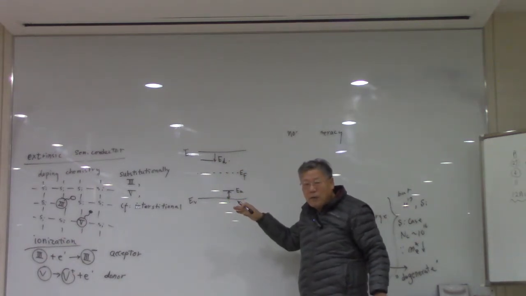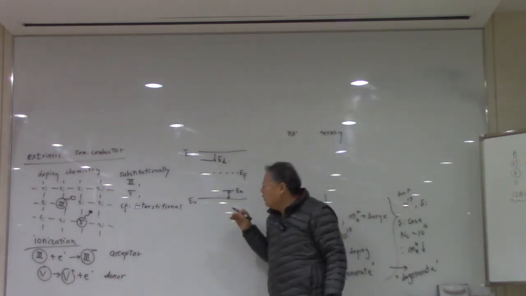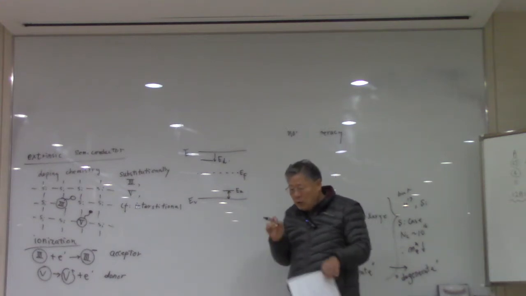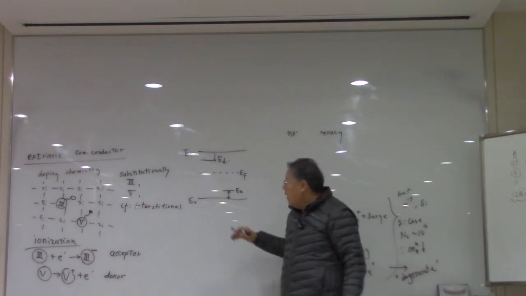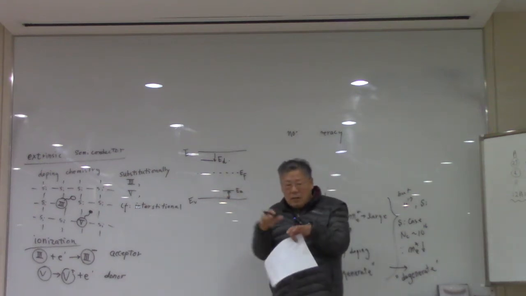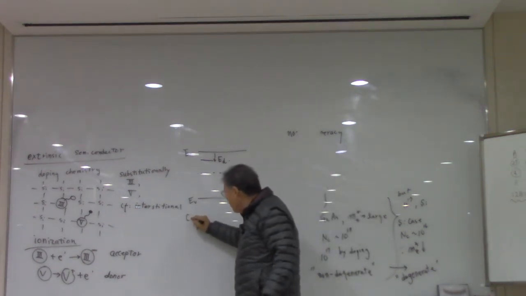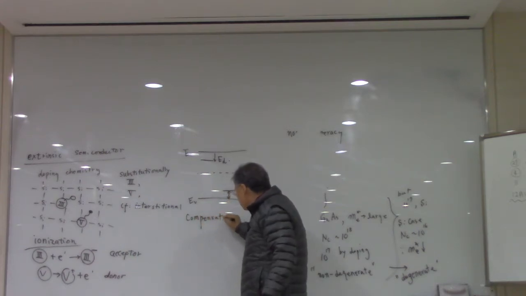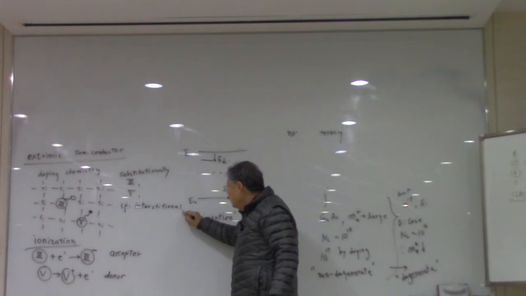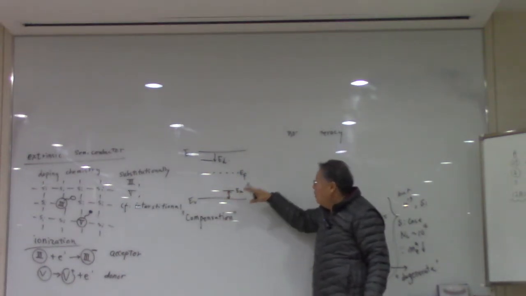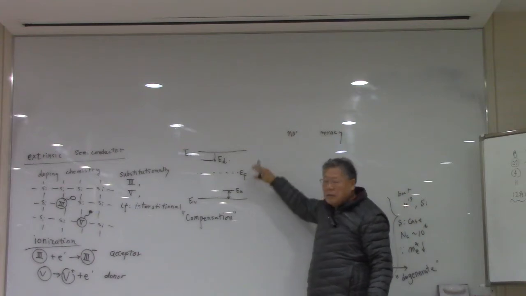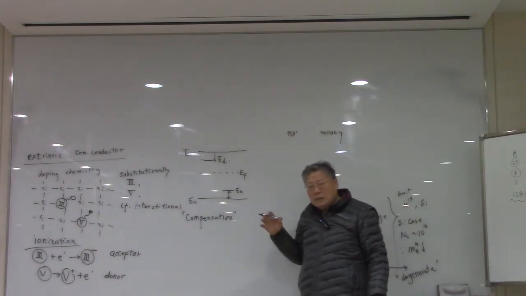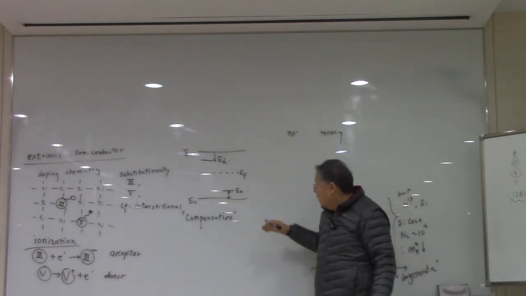It looks far away, but in reality, if you have donors and acceptors at the same time in a semiconductor, then they easily combine. We call that compensation. So sometimes if you draw the donor energy level and the acceptor energy level in the flat band diagram, it's just misleading.